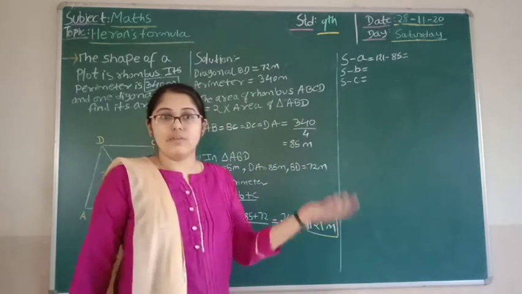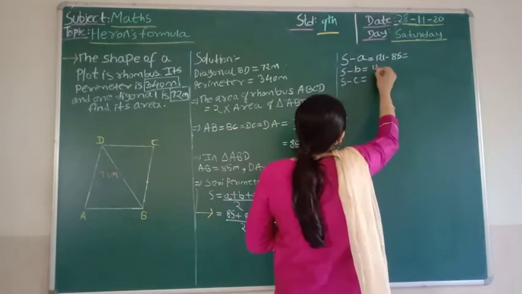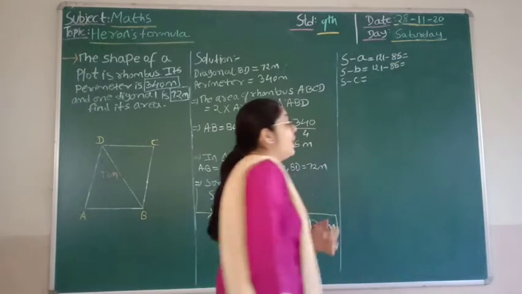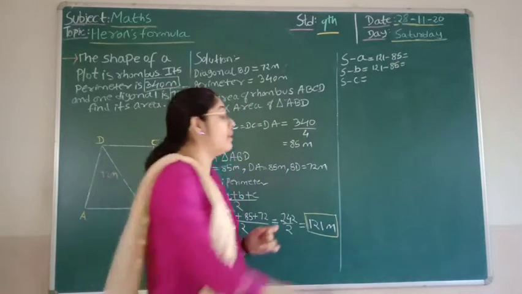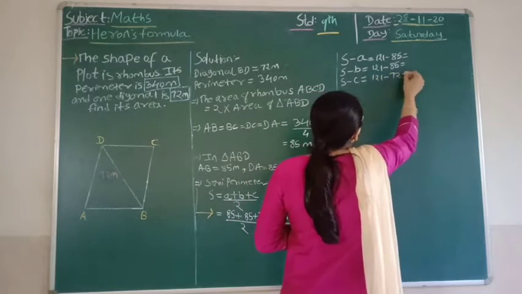Similarly 121 minus 85 again as B is 85. And C is 72 meters, so I can write as 121 minus 72.